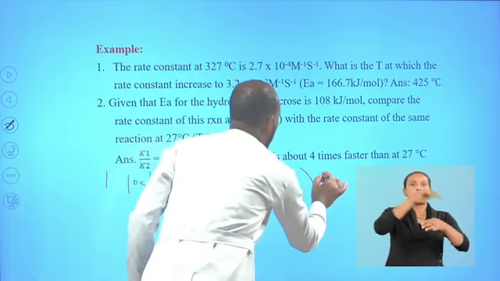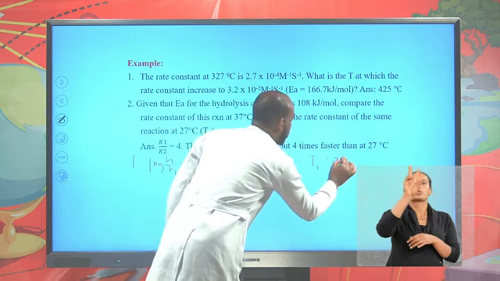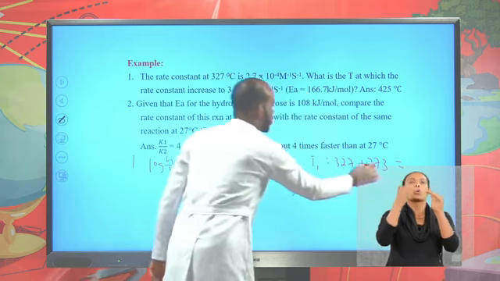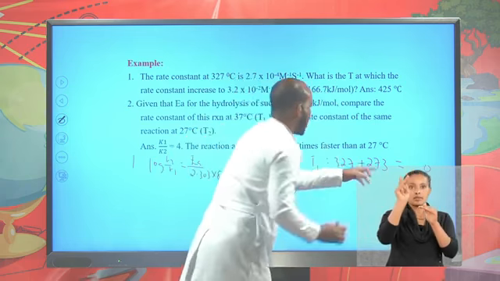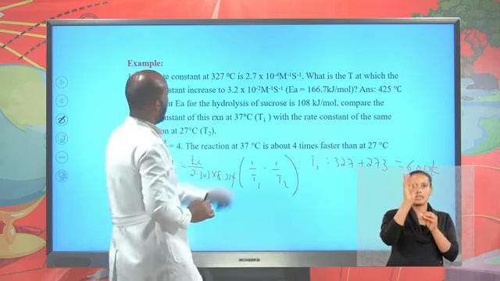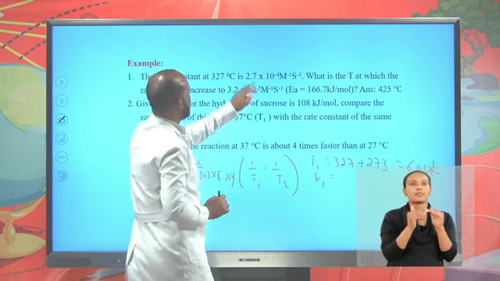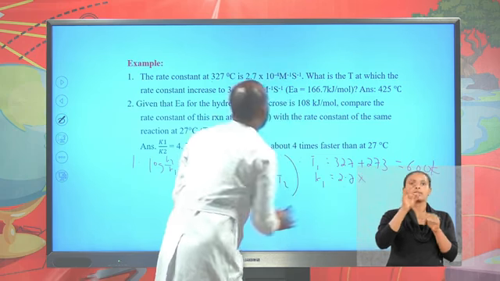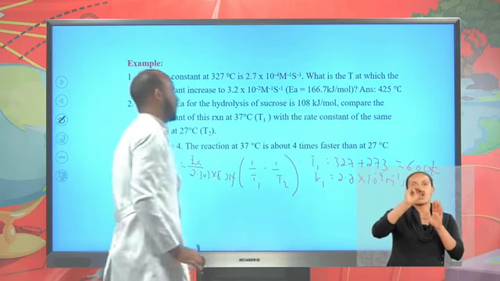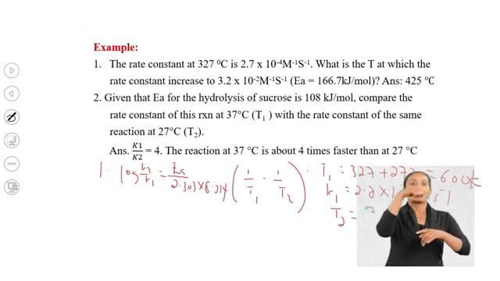Now what is given? Temperature 1, T1, equals 327 plus 273 in Kelvin, equals 600 Kelvin. K1 equals 2.7 times 10 raised to minus 4 per molar per second. You are asked to calculate the temperature, so T2 is unknown.